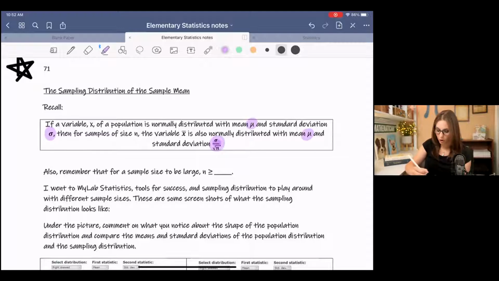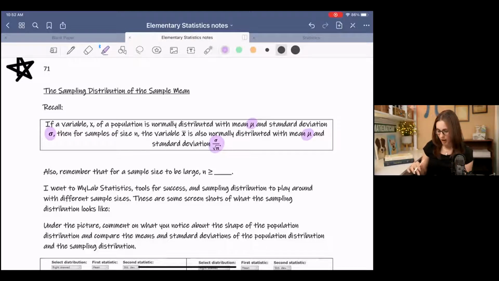That's a lot of words, but this is just a review of what we've already discovered. It's saying that the sampling distribution of a sample mean will have the same population mean, but the standard deviation will be adjusted by dividing by square root n.